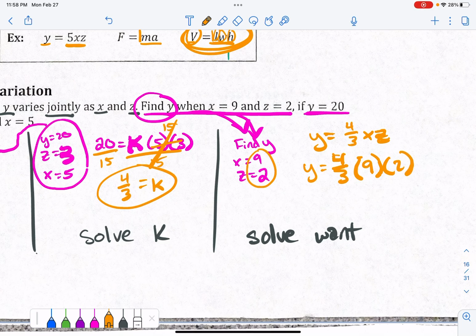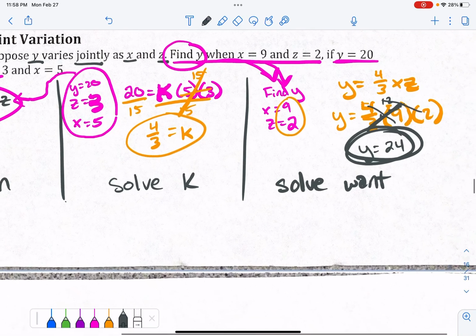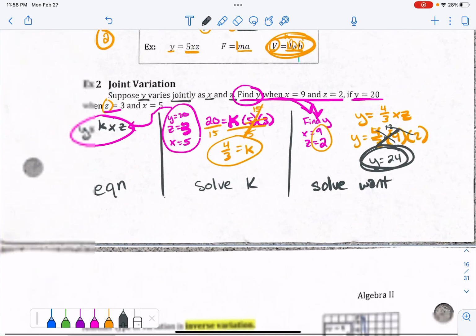And you can type that into your calculator if you want to. 4/3 of 9 is actually going to be 12, and 12 times 2 is 24. So you can type that in if you want to, or 4/3 of 9 is 12, and 12 times 2 is 24. That will work. So the ultimate answer is 24, but taking the steps to get there, k was 4/3. All right, let's go to the backside.